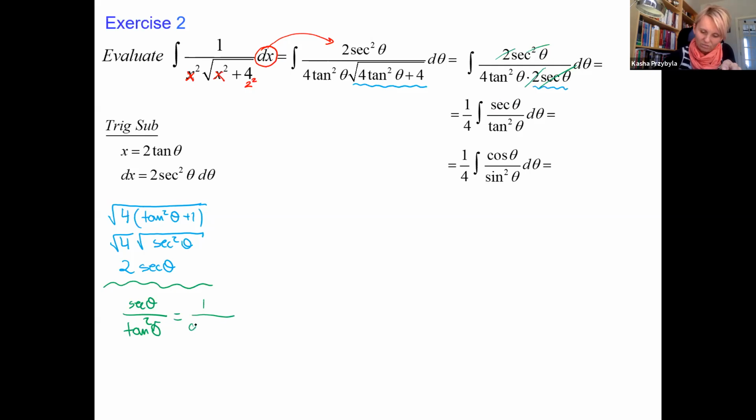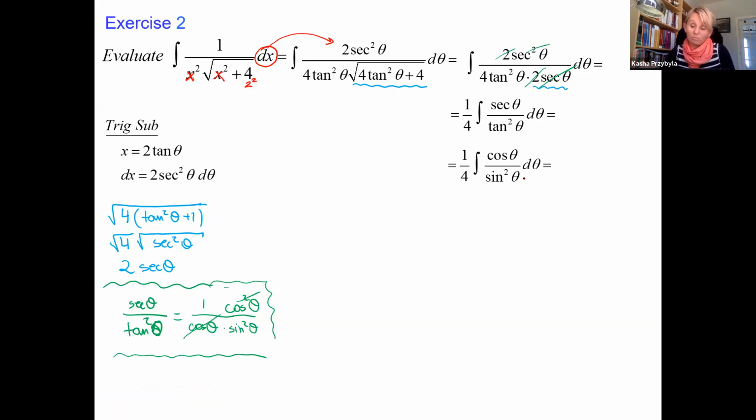Secant is 1 over cosine, and tangent squared theta is sine squared theta over cosine squared. That means I have to flip it, and then cosine squared leaves us with cosine theta over sine squared theta. I hope it's not too complicated.